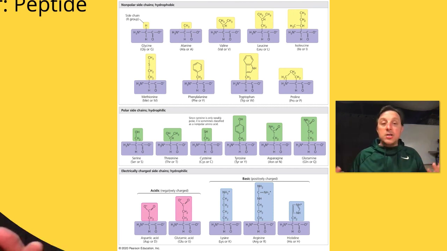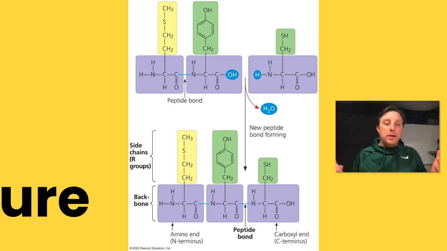So these side chains are what give each amino acid its unique properties, and by putting them together in a unique order is what gives each protein its unique properties, its unique structure and function. Putting the amino acids together, again, not surprisingly, we see our dehydration reaction.